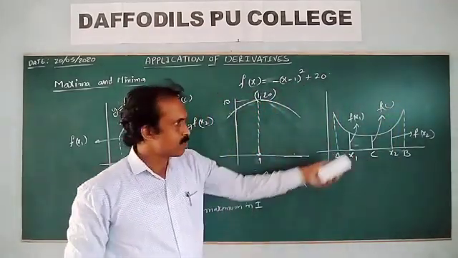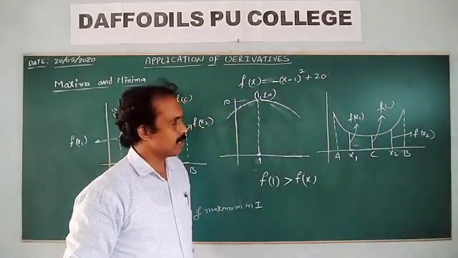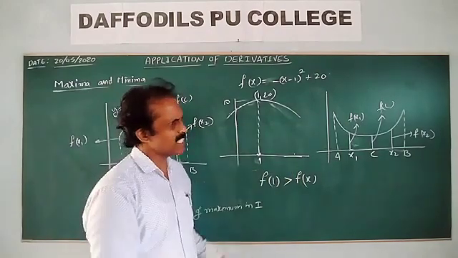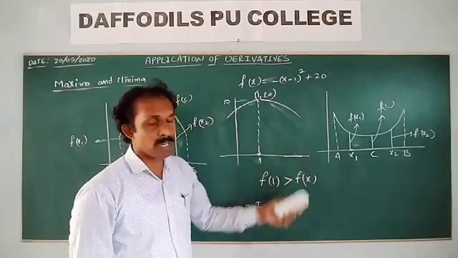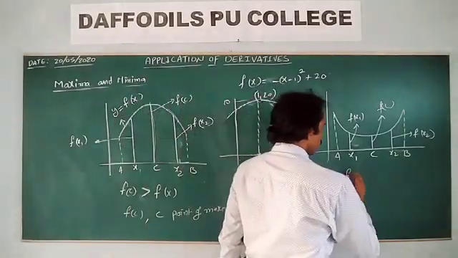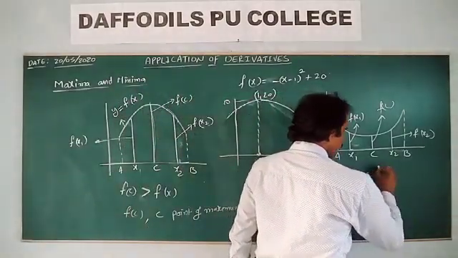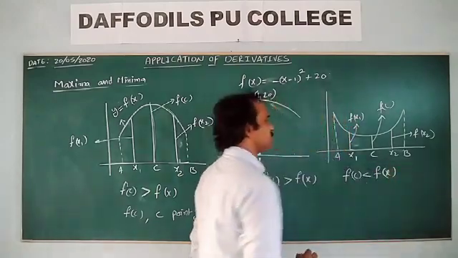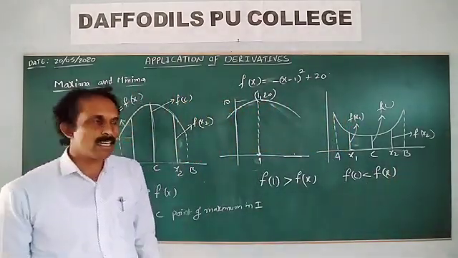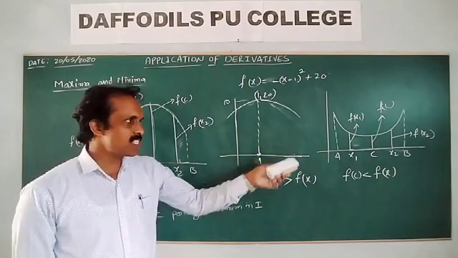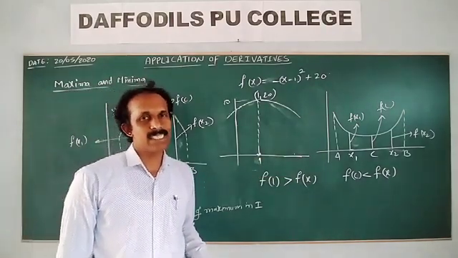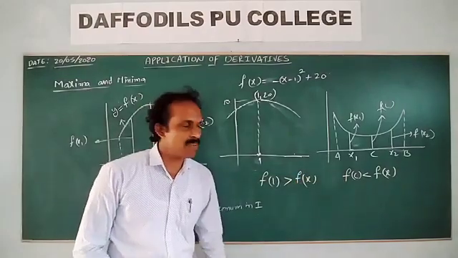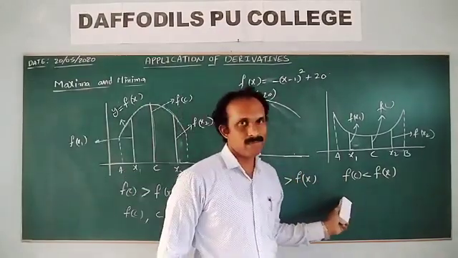We observe from the graph that f of c compared to any other x values of the interval is less: f of c is less than f of x. Then the function f has a minimum value.